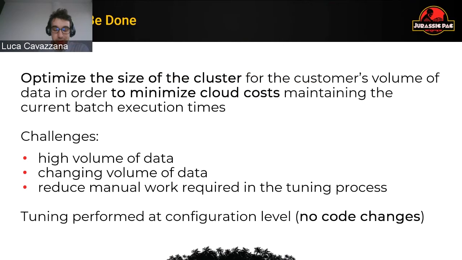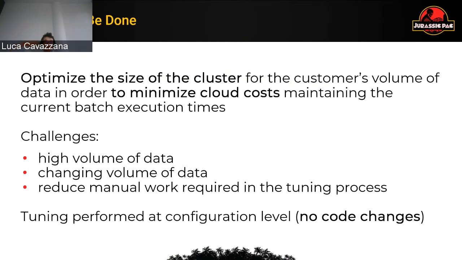So the goal of this optimization initiative is to find the right size for this cluster, the right size for the volume of data we are going to face, in order to minimize the costs related to operating this infrastructure.